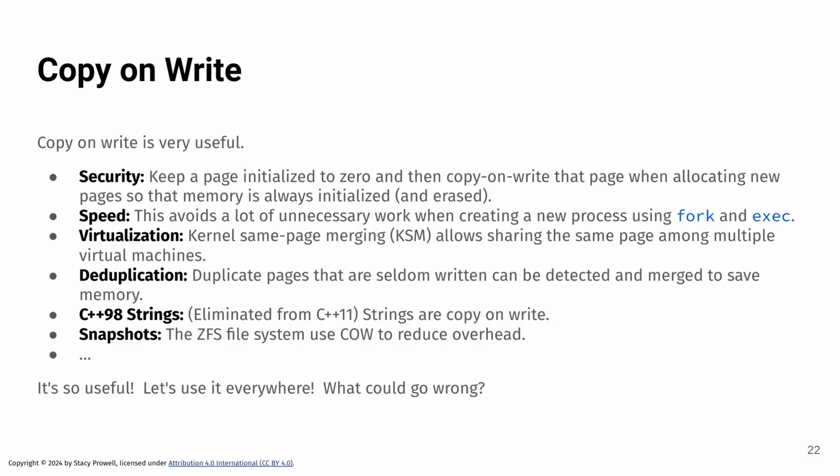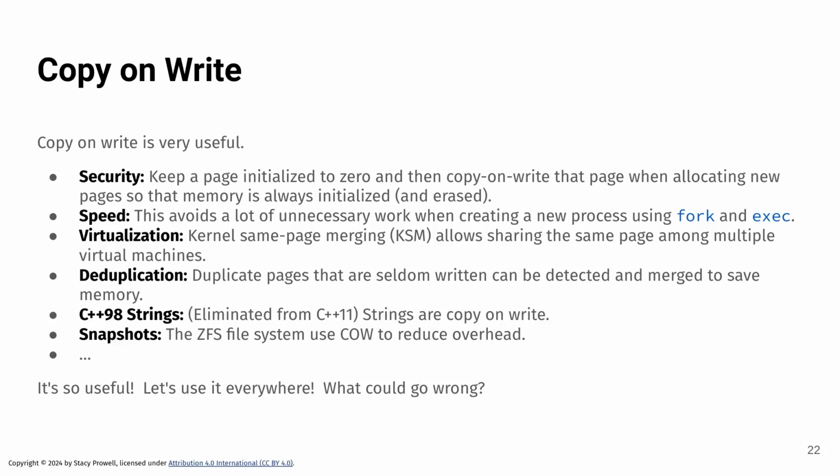And I can't grab a page and then paw through it looking for previous page owner's secrets because the page got zeroed out. It speeds things up. If I had to allocate all these pages and then I had to deallocate all these pages, that would be terrible. So I don't do all that stuff, right? I save a lot of time by using copy on write because maybe I never have to copy.